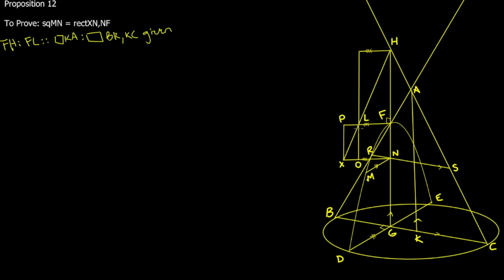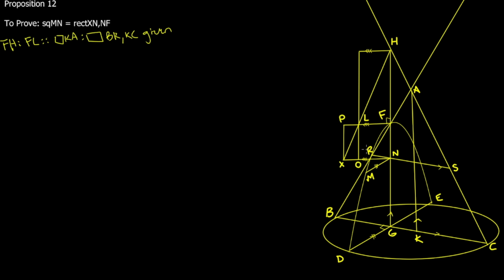Then at L, we drop LO, parallel to FN. We drop XP, parallel, connect PL. Same thing to create this little part of the rectangle. I think the only thing I forgot to mention is that FL was constructed at right angles to the diameter FG.